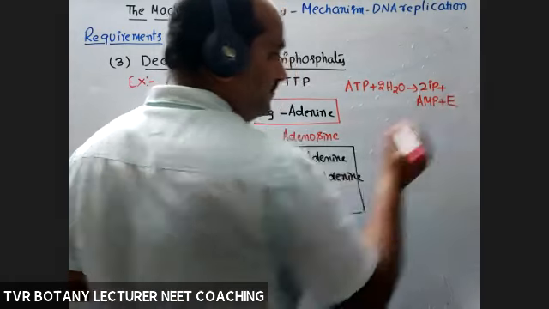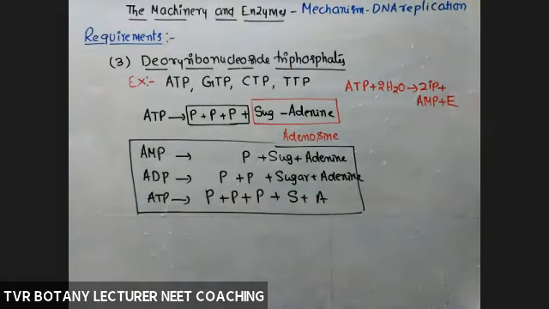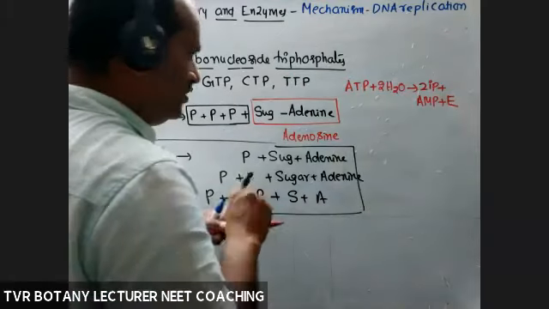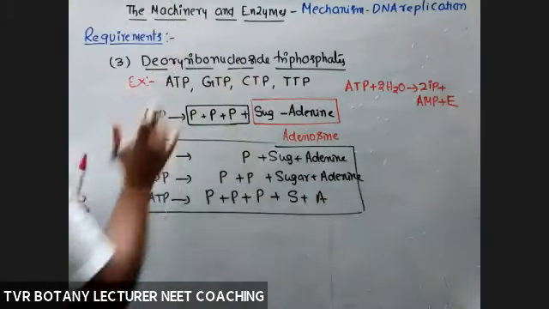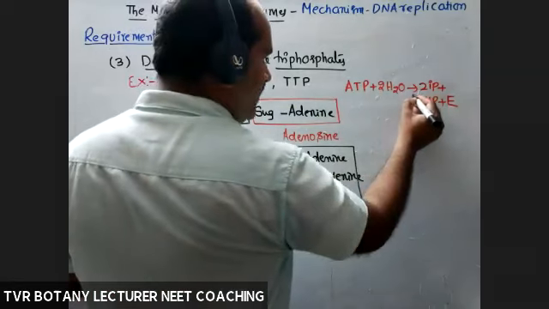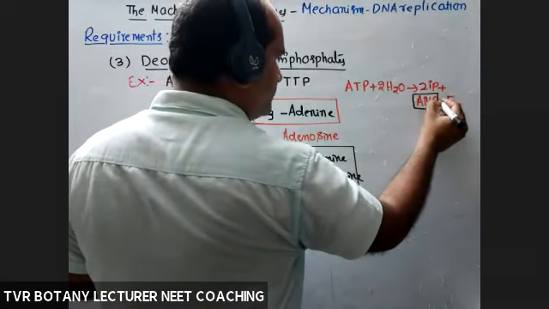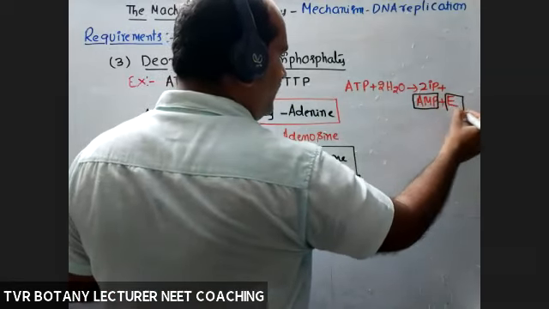Energy is produced. So what are the products required for DNA replication? Adenosine monophosphate is required, and energy is required.